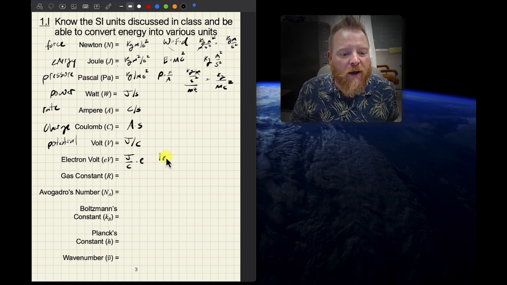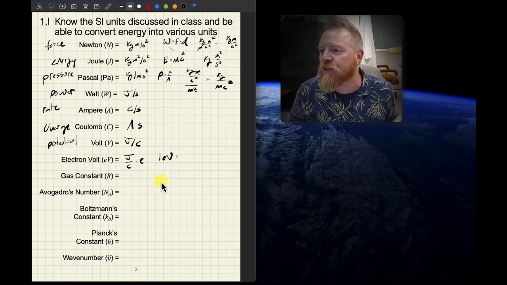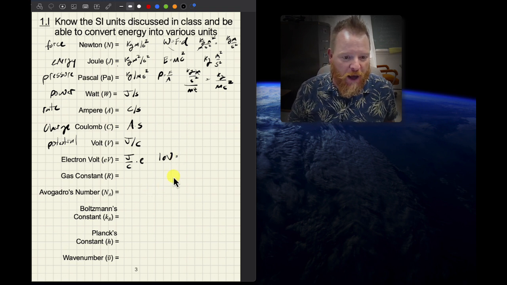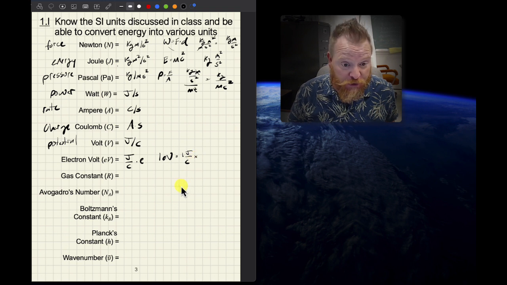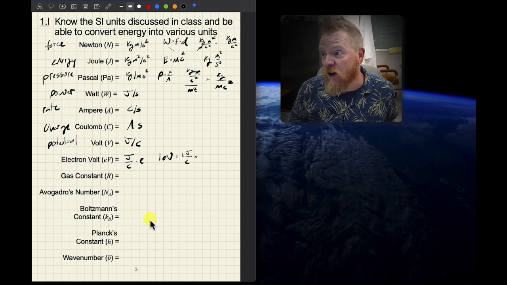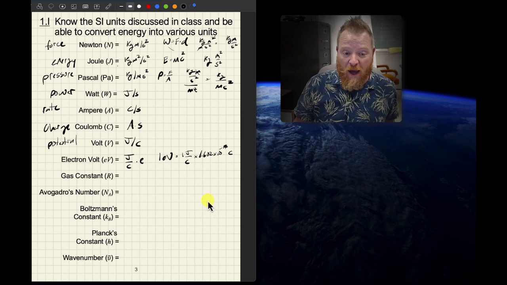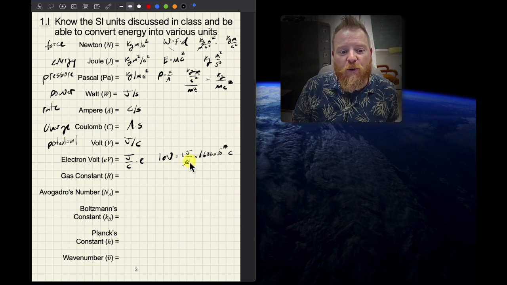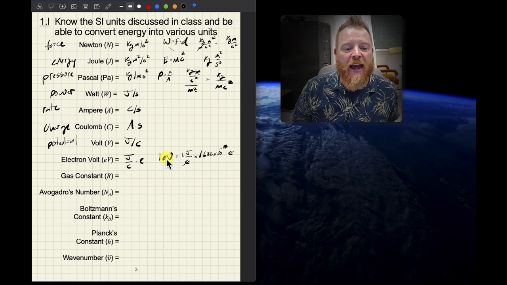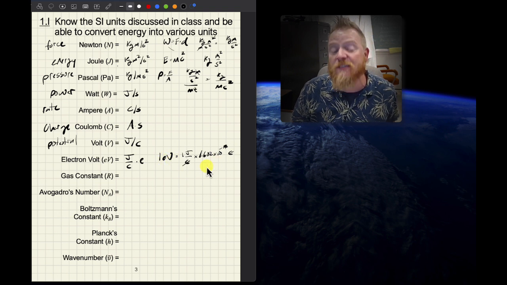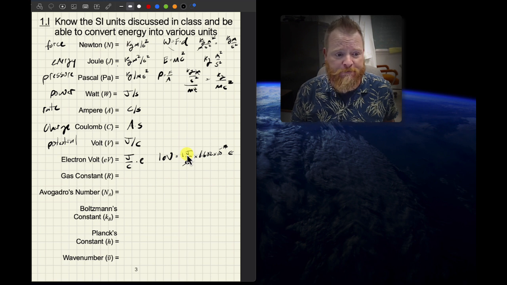So 1 electron volt equals 1 joule per coulomb times the fundamental unit of charge for an electron or for a proton, which is 1.602 times 10 to the minus 19 coulomb. You can see the coulomb and the coulomb cancel, and thus 1 electron volt is 1.602 times 10 to the minus 19 joules.